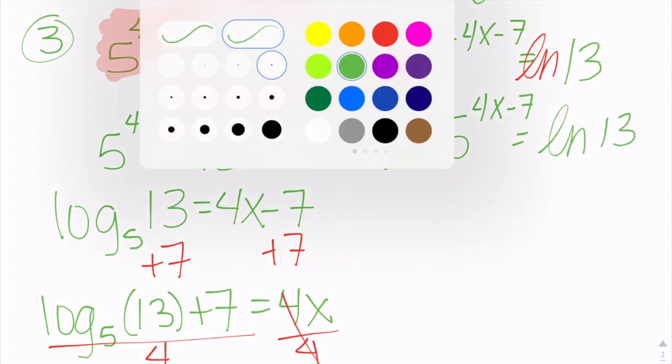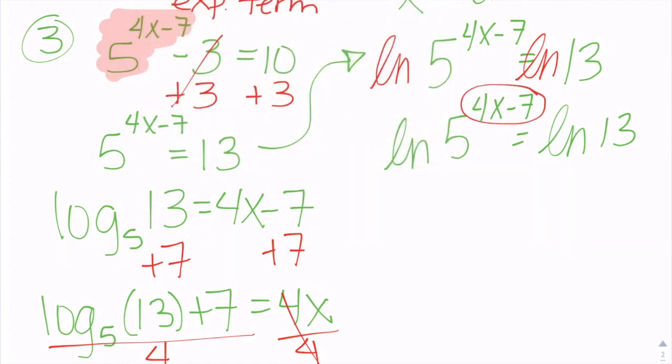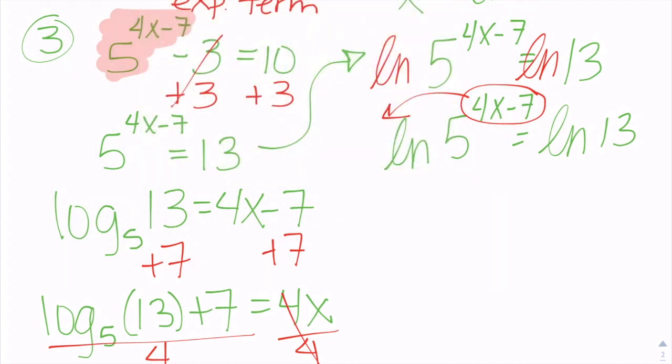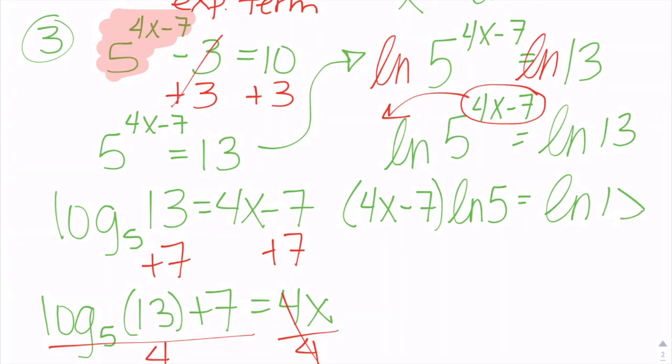And now using logarithmic properties, I'm going to take the exponent and move it to the front of our logarithm. So now we get 4x minus 7 times the natural log of 5 equals the natural log of 13.